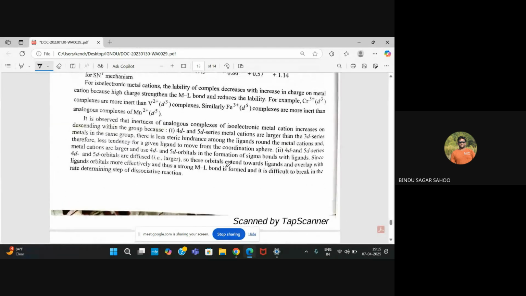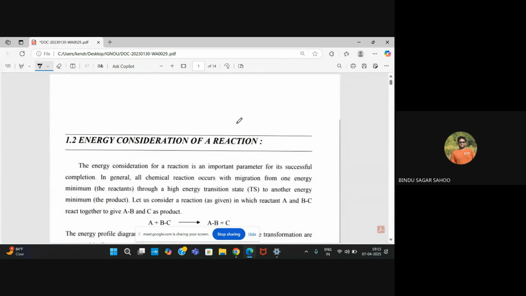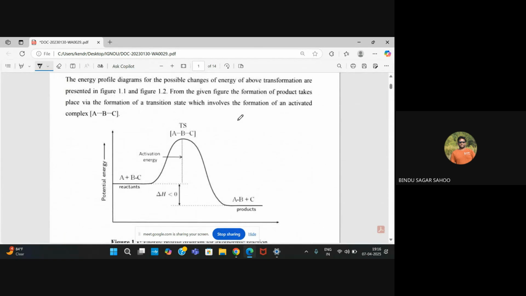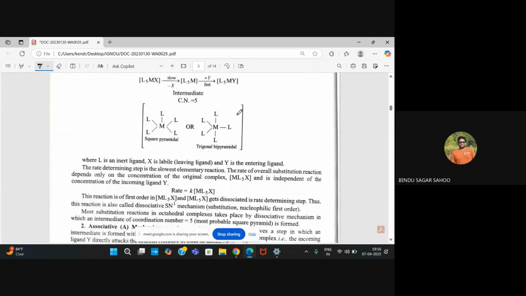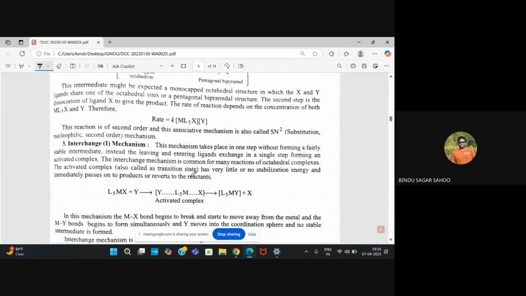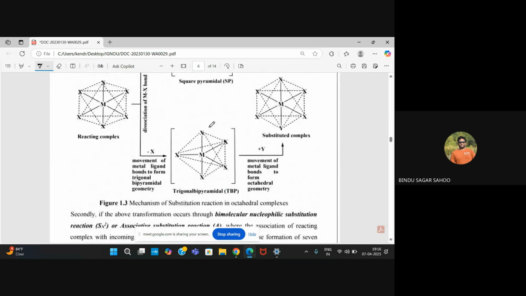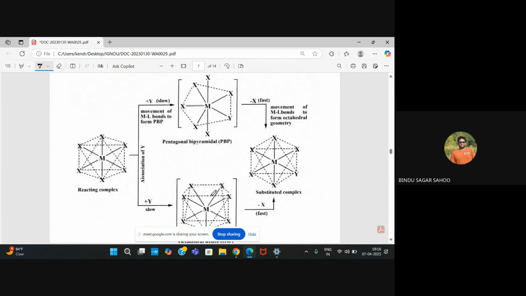So this is all about the first part of your topic, the block 1 part: the transition energy pathways and the reaction mechanisms, dissociative, associative, and interchange mechanisms, and these are the energy steps, the bond breaking step and bond formation step.